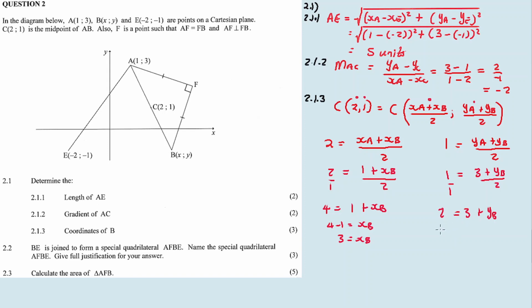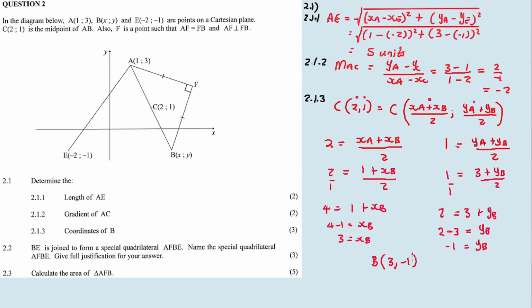Then you transpose the 3 and get negative 3. So 2 minus 3 is minus 1, which is equal to YB. Then the coordinates for B are 3 and minus 1. So these are the coordinates for B. So that is how we calculate unknown coordinates when given a midpoint.